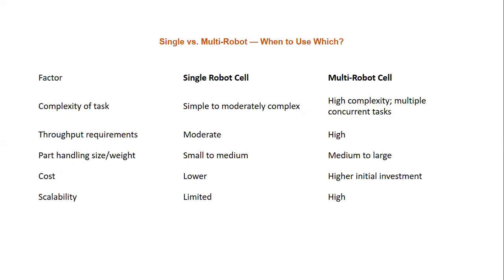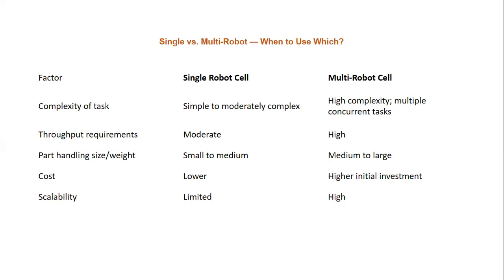Now we are at the final end of the presentation. Before closing the presentation, I would like to give some of the common distinctions between single and multi-robot work cells. What are all the circumstances when we have to use them? Depending on the following factors like complexity of the job condition, the cycle time requirements, the part size and weight, the cost of production and the volume of production.